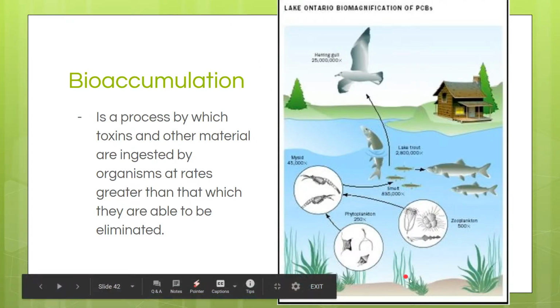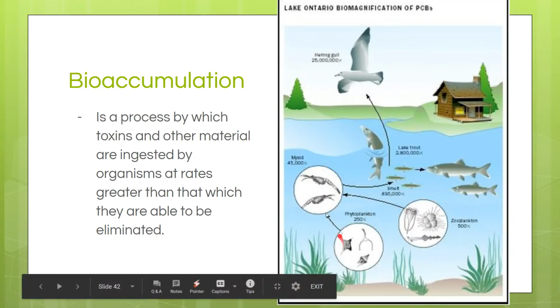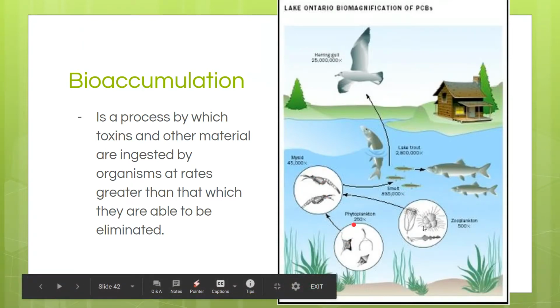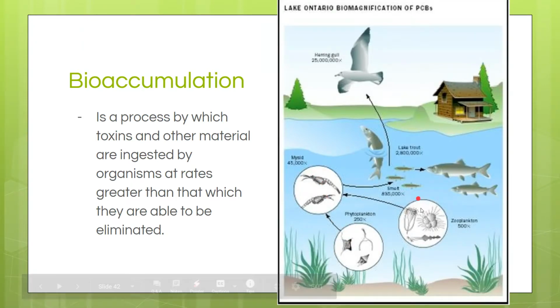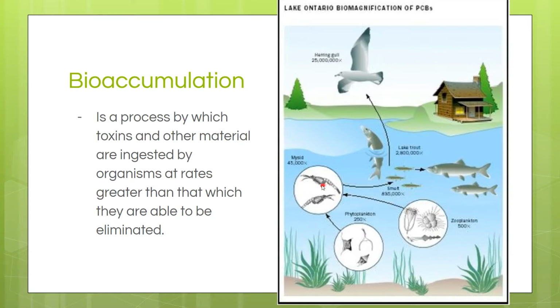It goes into the lake and is absorbed by plants, and then we have these phytoplankton, and then they're feeding on the plants, and then these little guys, they feed on these little guys, and these guys feed on these little guys too, and then these smelt, they eat these guys, and then the smelt are eaten by the lake trout, and then the lake trout is eaten by the herring gull.